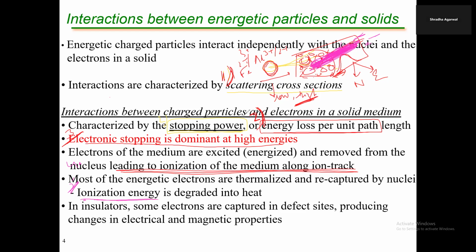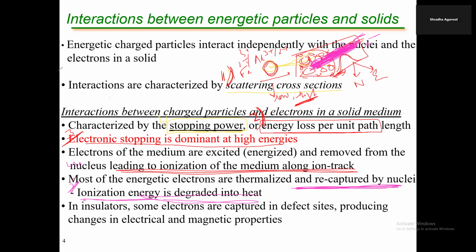Sorry, electrons are recaptured. And all this energy is degraded into heat, right? We are not worried about the insulator here, but in the insulator, electrons are captured in the defect site. So these are the main important points, and we will revise it again because this is very much important for us.